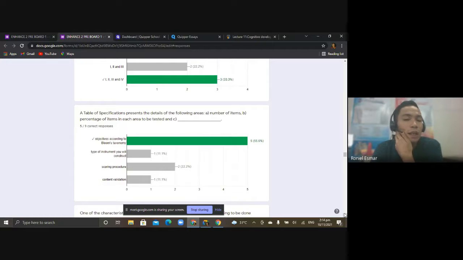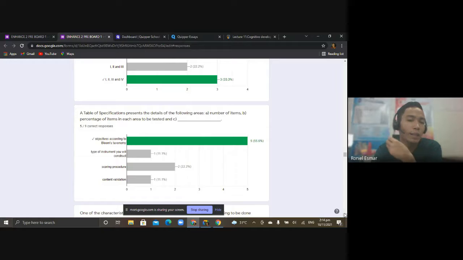Because in every item of a multiple choice test according to the table of specifications, you will also be identifying which of the learning objectives it is anchored to. Because you cannot construct a multiple choice test item that is not related to the learning objective. Again, the purpose of constructing a learning objective is to make the lesson more focused.